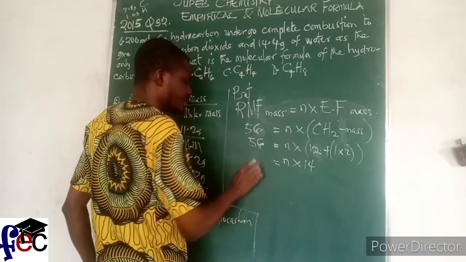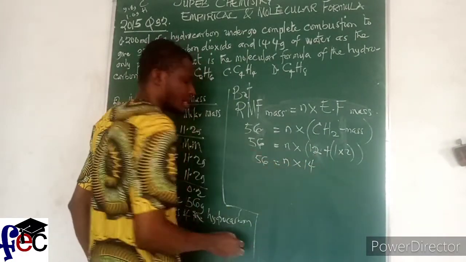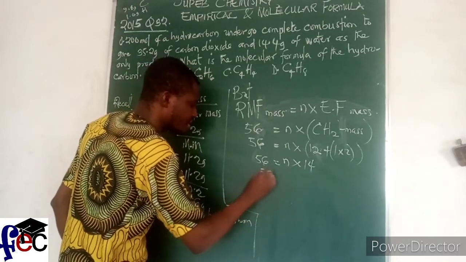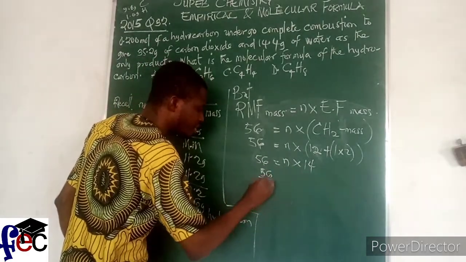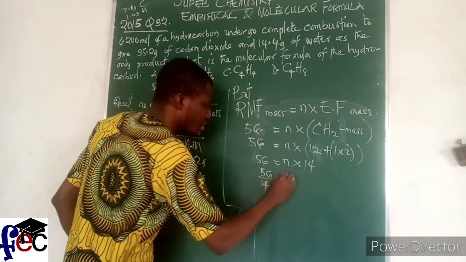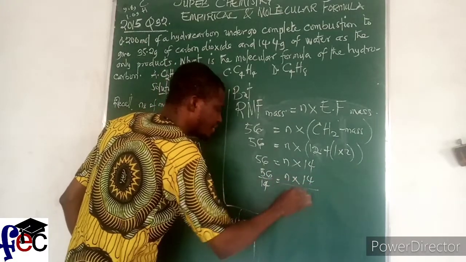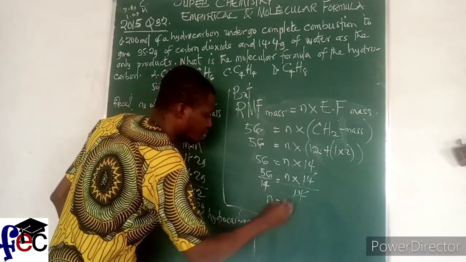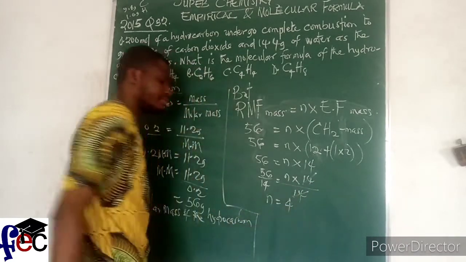So I have 56 equal to N times 14. What is N? Divide both sides by 14. That's 56 divided by 14 equal to N times 14 divided by 14. So this terminates this, and you see that our N is obviously 4.